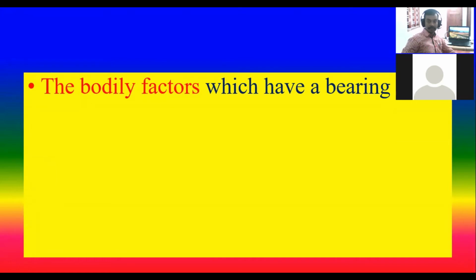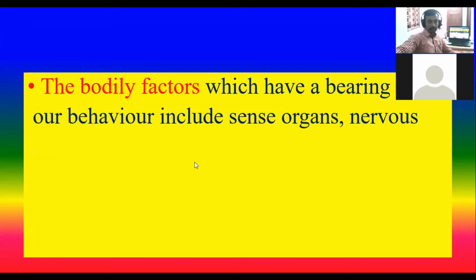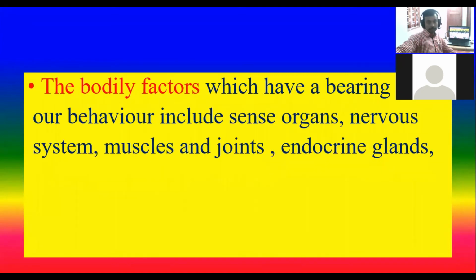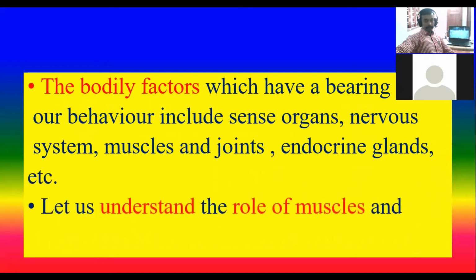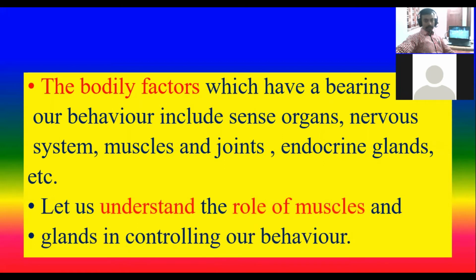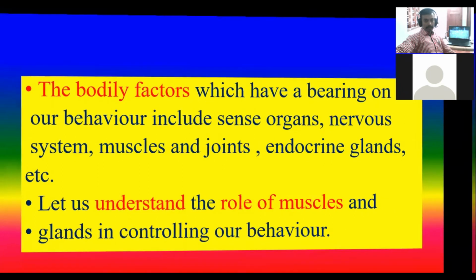In the next lessons onwards, we will go into detail about psychological factors, including perception, learning, etc. Bodily factors include sense organs, nervous system, muscles, joints, endocrine glands, etc. Understand the role of muscles and glands in controlling our behavior.